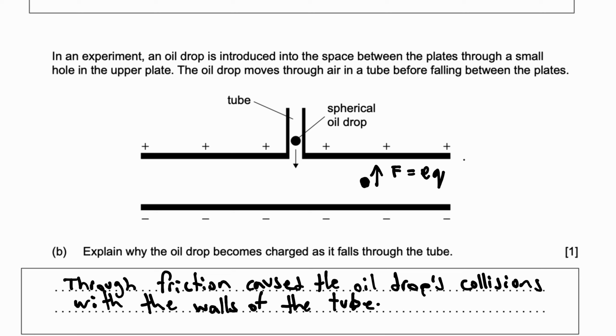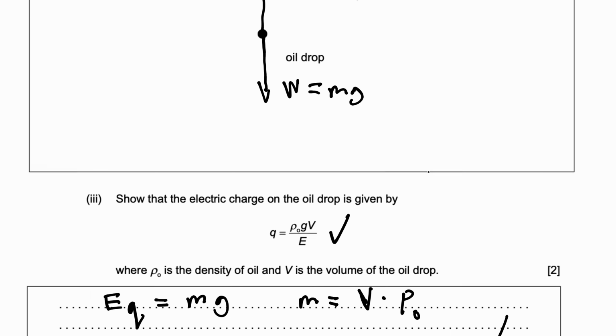There's a positive side here and a negative side here. Because it's being attracted to the positively charged plate, I know that this is a negative oil drop. Because if it were a positive oil drop, it would be going the opposite way, downwards towards the negatively charged plate. So due to the direction of the force, I am able to conclude the sign of this oil drop.